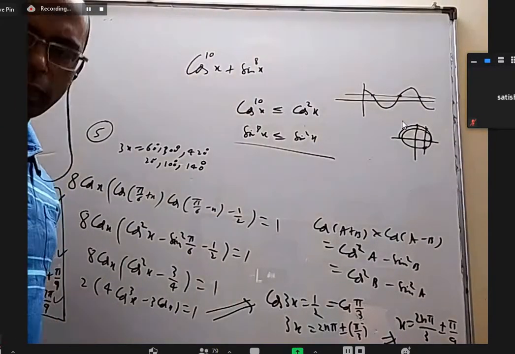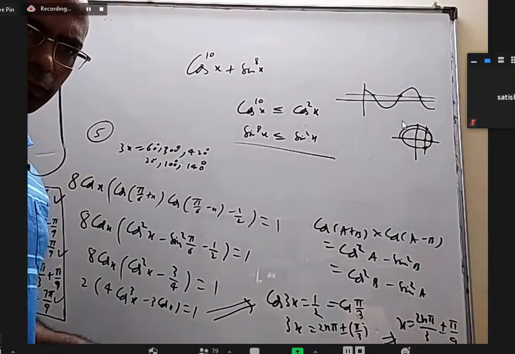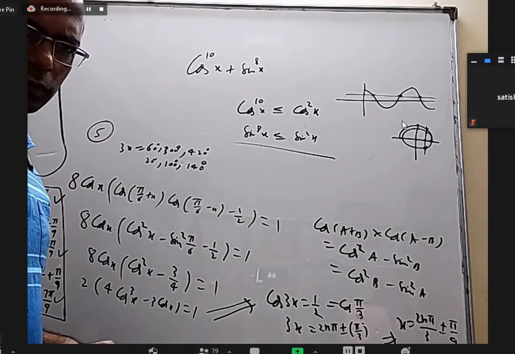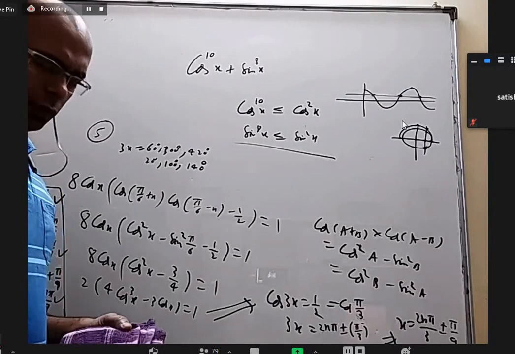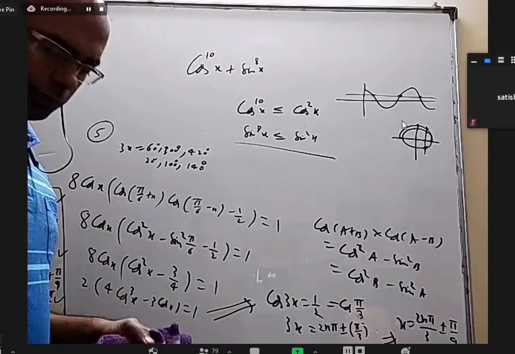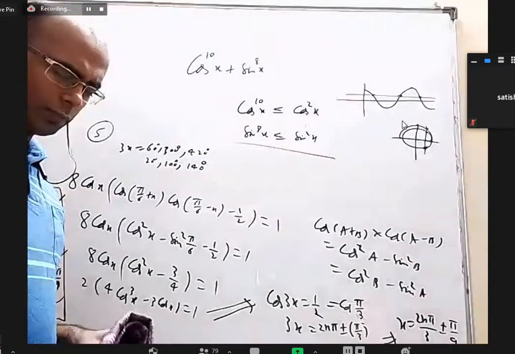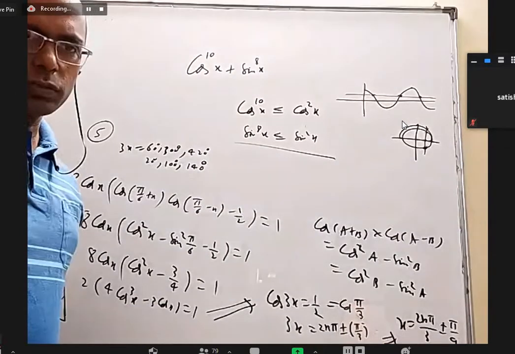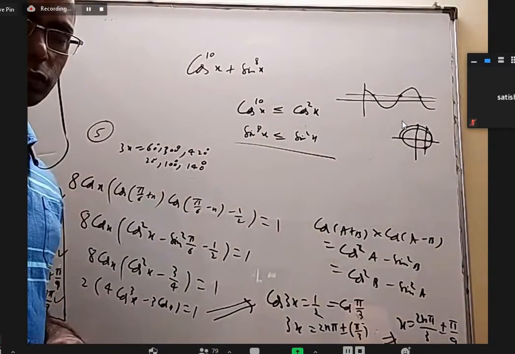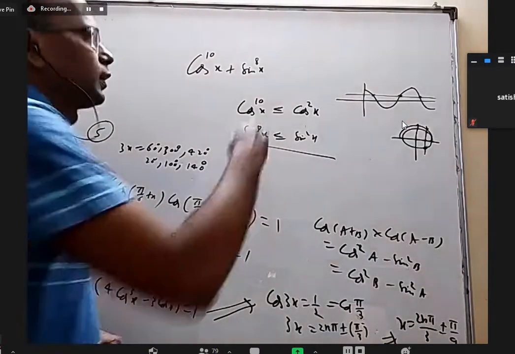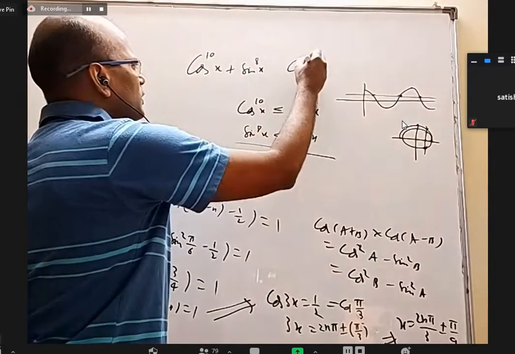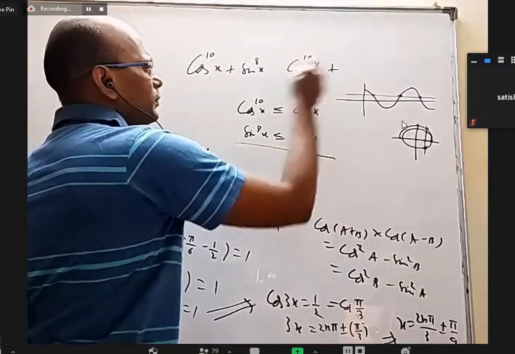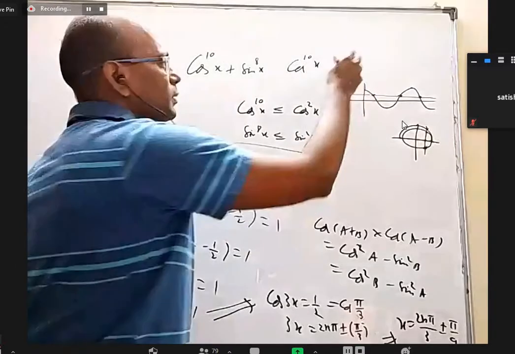Sir, we can write sine power 8x as 1 minus cos square x whole power 4, no, sir? Yeah, we can write also. Then at 1 it is maximum, sir. We already know that. No. Then there's a problem still. When cos power 10x attains maximum, this doesn't attain maximum, it will attain minimum.